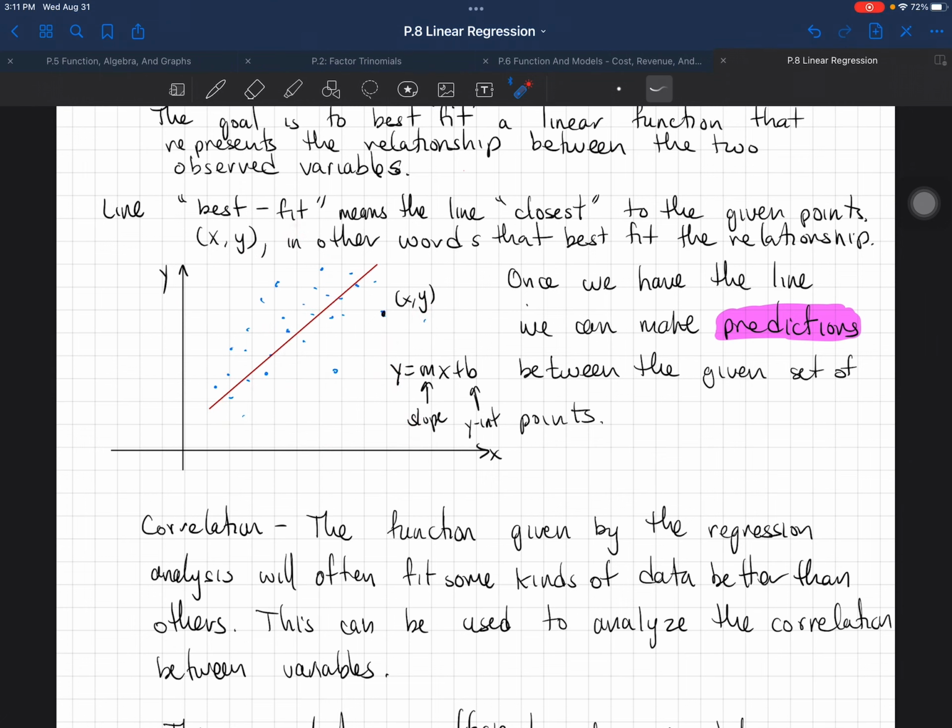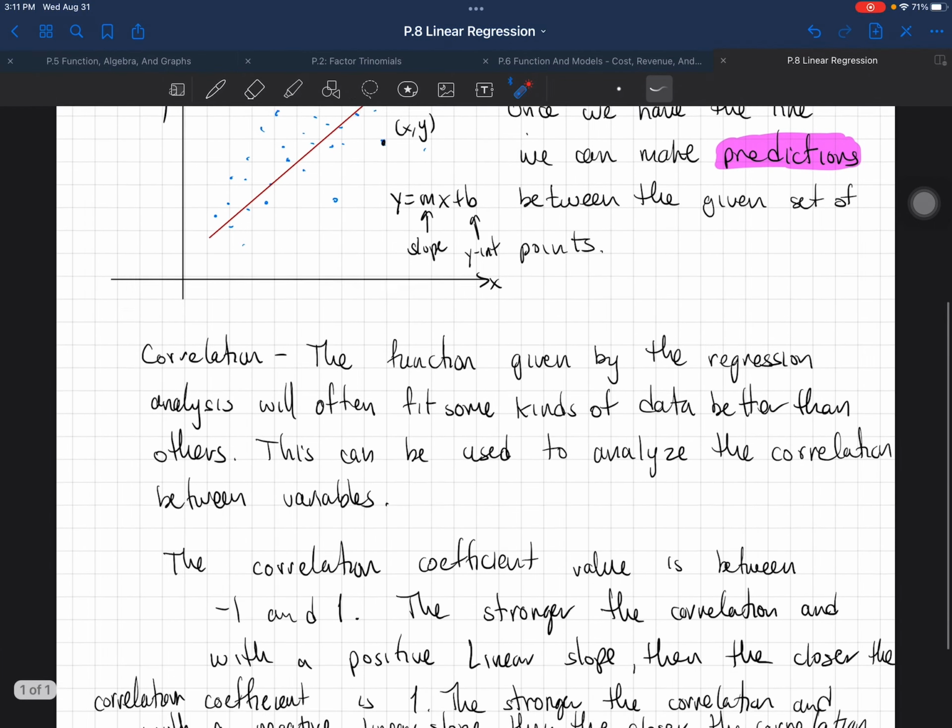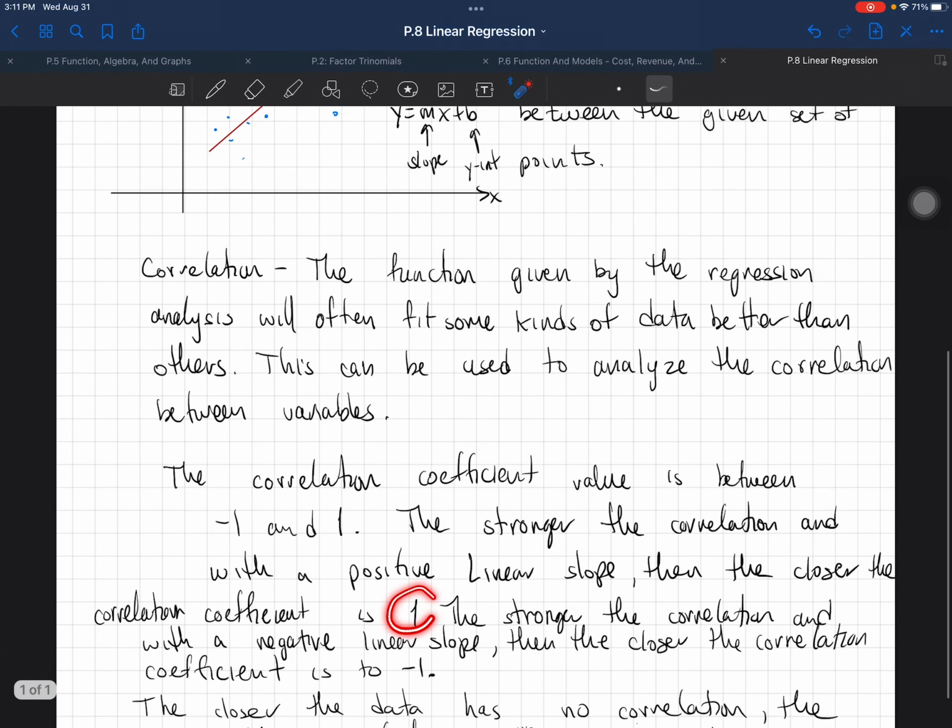They're not scattered throughout the whole thing; they're very much along this line. The slope of this line is positive. A negative slope would go in the other direction. So the correlation is close to 1. It's not 1, but it could be 0.89 or 0.92.